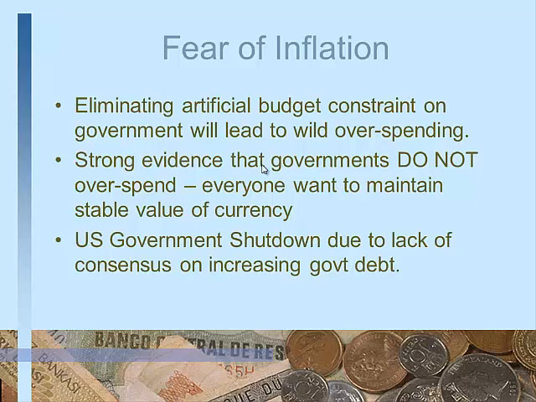And so the rich and powerful do not want inflation, and so they argue for austerity, they argue for budget balance. So the idea that if we allow the government to spend, there will be wild overspending is not really true. This doesn't happen. And the current budget shutdown is an example of why the government did not want to overspend, did not want to create inflation.